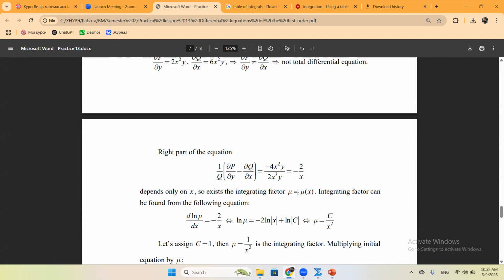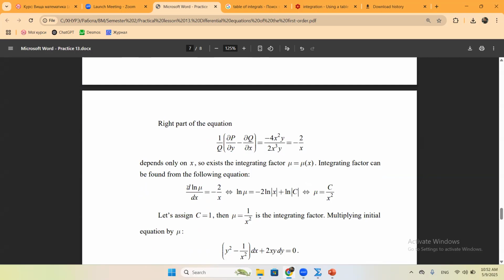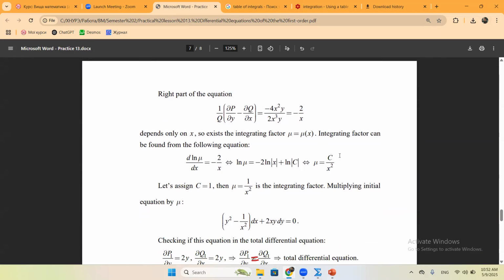And after that, mu from x, the integrating factor, will be found from this differential equation. So d logarithm of mu by dx equals, in our case, minus 2 over x. So we found mu, it equals c over x squared, and we actually can assign any value. So let's assign 1 in our case.